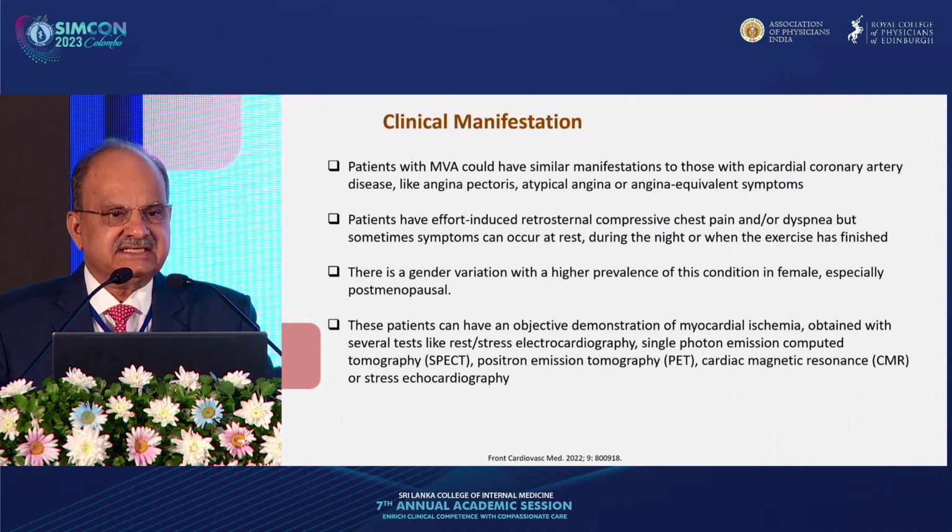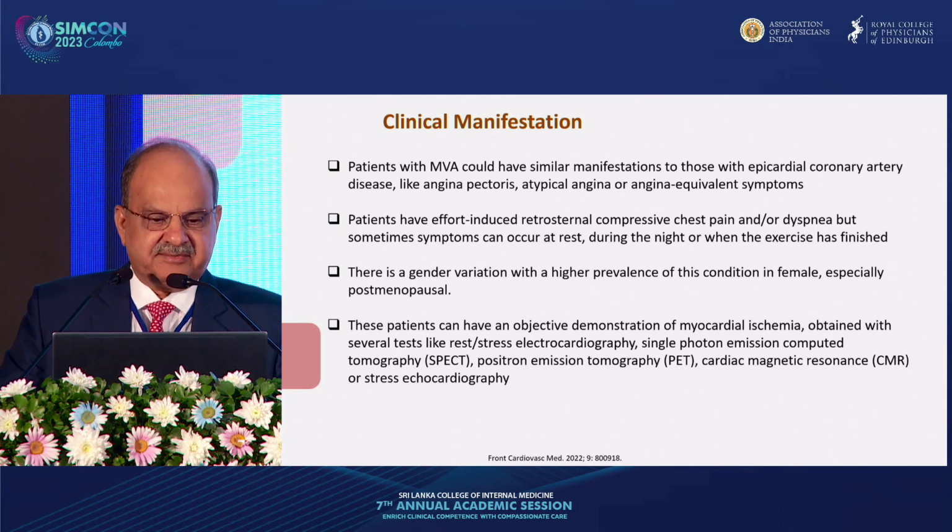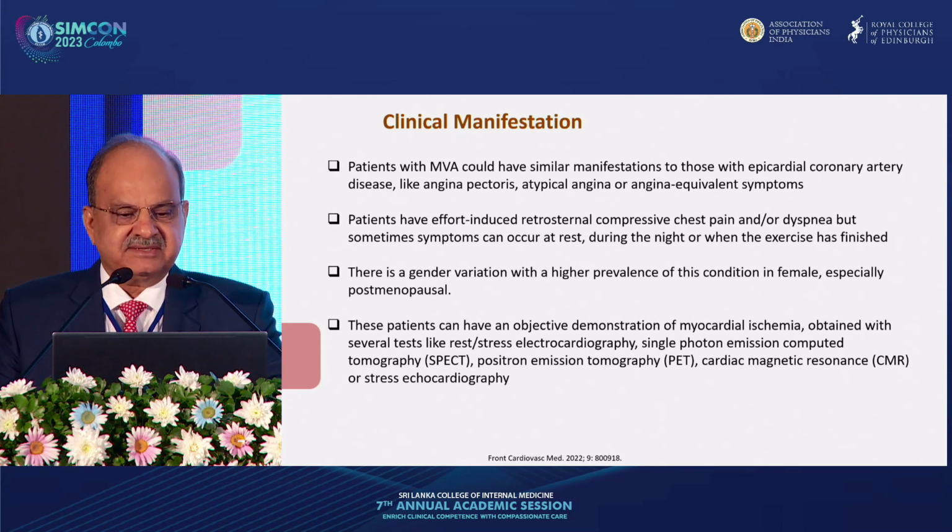This is diagnosed clinically, especially by listening to the patient's type of pain or type of presentation, and the clinician can very well judge that this is angina. Patients have effort-induced compressive chest pain or dyspnea, but sometimes symptoms can occur at rest, during the night, or when exercise is finished.